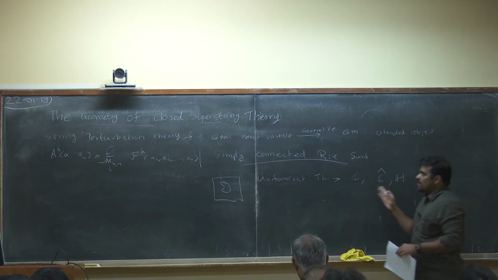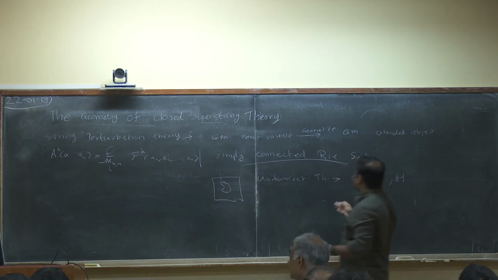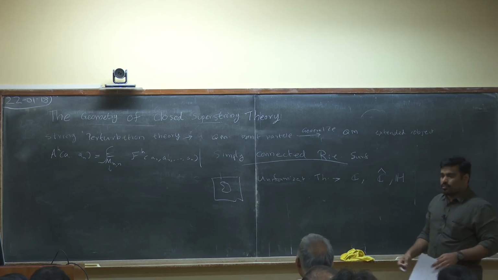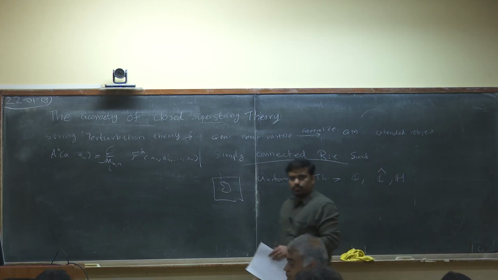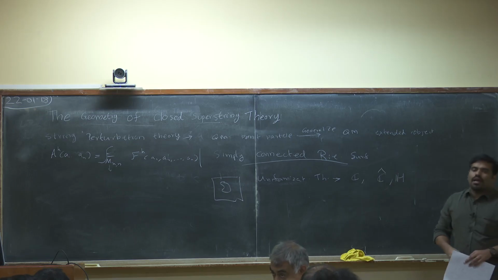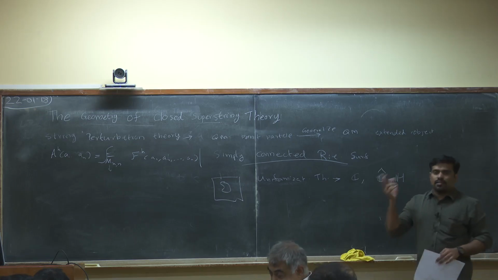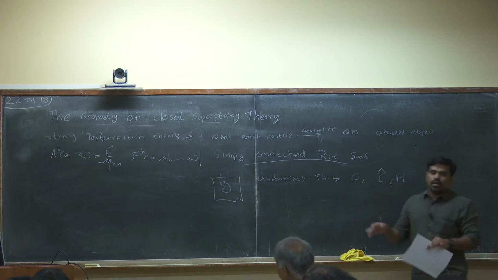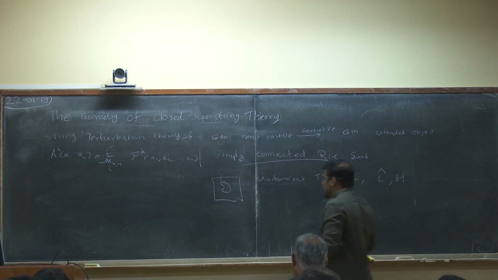So the moduli space of simply connected Riemann surfaces is trivial. You don't really have any non-trivial moduli space. Another way of seeing this is that you can always find a constant curvature metric. Exactly. So these are the two pictures: either you think in terms of complex structure or you think in terms of metric. These two are the same story.